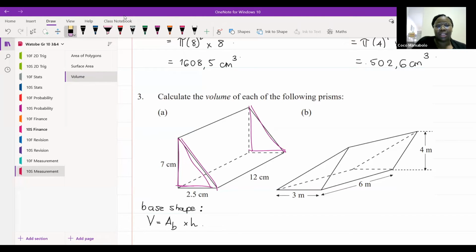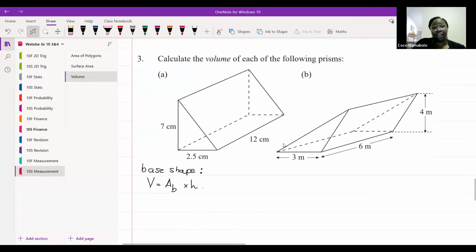In this case, the rectangle, no. There's only a rectangle at the bottom. Is there a rectangle up here? No, there isn't. So we can't use that as the base. We can only use the base as the two sides that are equal. So we now know that our base is going to be our triangle.